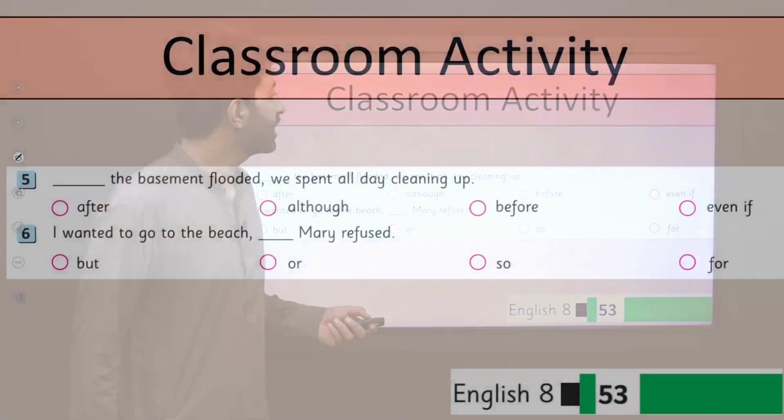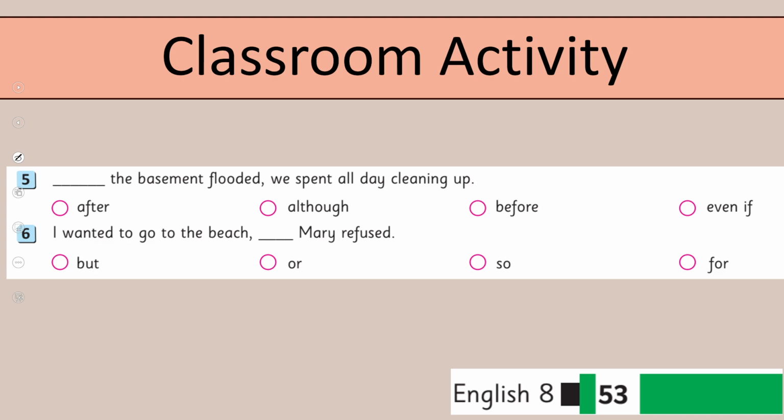So here, let's solve this remaining part as well. Here you have to put your conjunction at the first part of the sentence. The basement flooded. We spent all day cleaning up. Now, what is the right answer? Yes, after the basement flooded, we spent all day cleaning up.